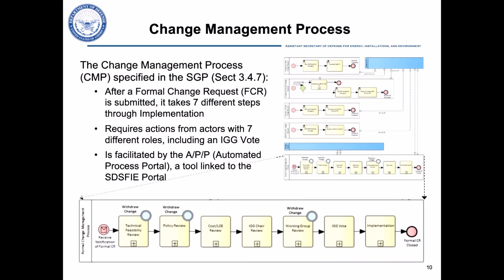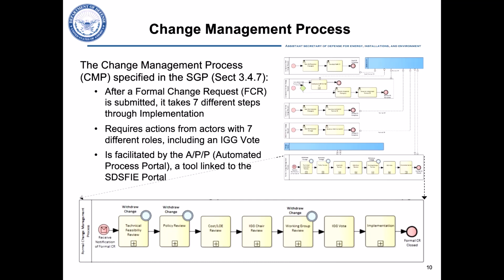One or more changes travel together through the CMP steps in a container or envelope called a change request, or CR. While components can create and internally manage draft CRs, the IG gets involved when a formal CR is submitted into the queue, indicated as the red envelope on the left end of the image at the bottom.